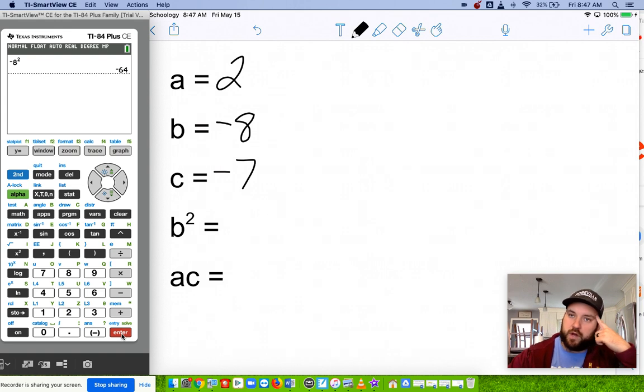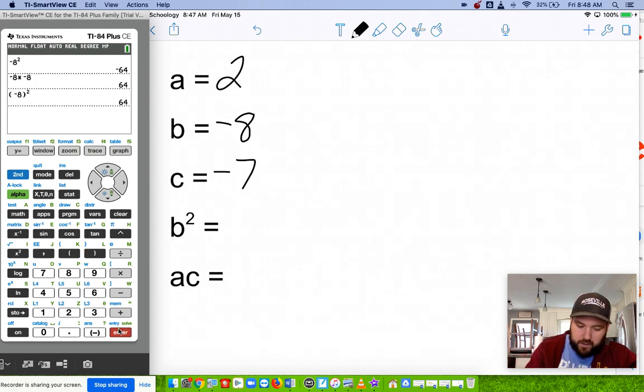But really in your brain, you should say, anytime I square a number, positive times positive or negative times negative, my answer should be positive. And so if I manually type in -8 times -8, it'll tell me it's positive 64. Or if I really want to use the squared button, I need to put the -8 in parentheses. Either way, b squared is 64.